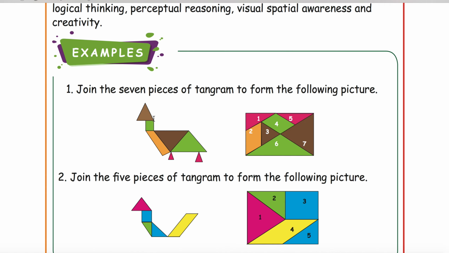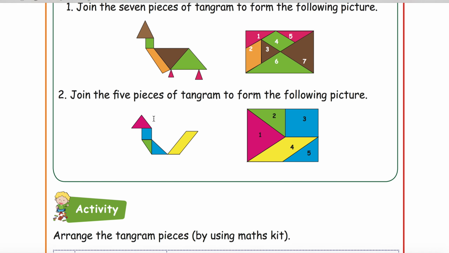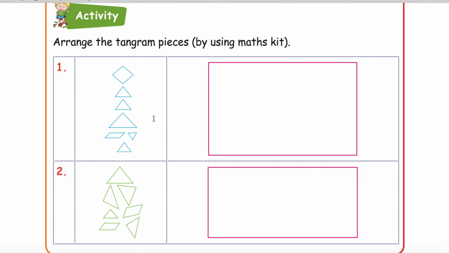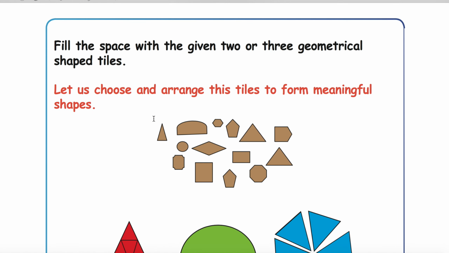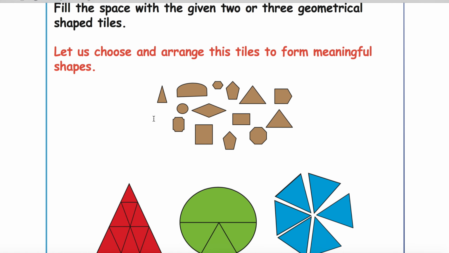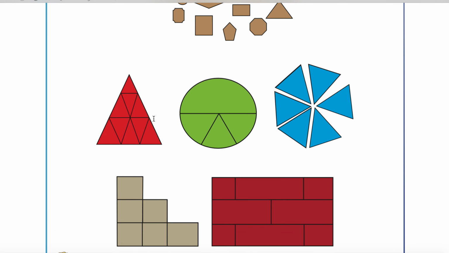Join the 7 pieces of tangram to form the following picture. Arrange the tangram pieces by using the Maths Kit. Fill the space with the given 2 or 3 geometrical shaped tiles. Let us choose and arrange these tiles to form meaningful shapes.